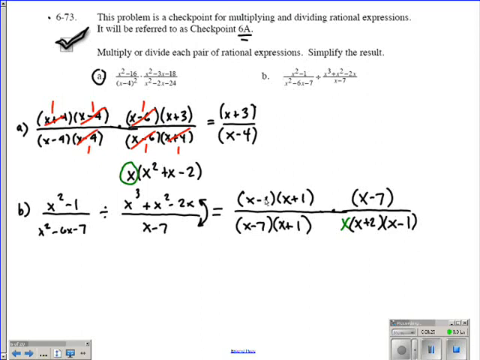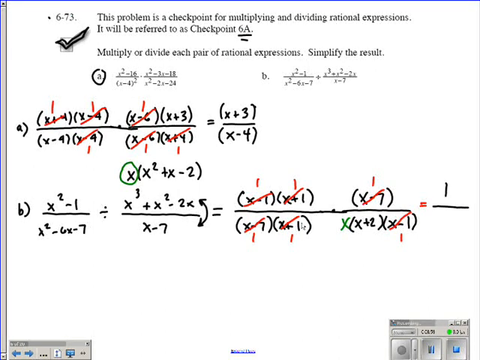So x minus 1, when we divide it by this x minus 1, we get 1 and 1. x plus 1 divided by x plus 1 is like saying 1. x minus 7 and x minus 7, this is 1 and 1. So we're looking at 1 times 1 times 1, which in our numerator should give us 1.